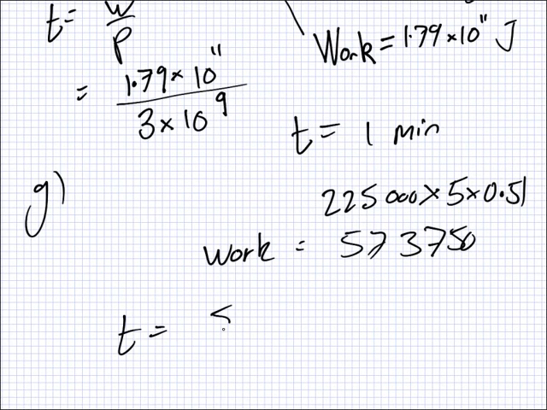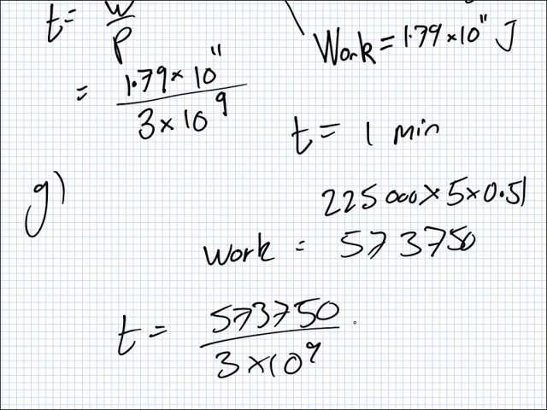Time equals work over power. Zero point zero 191. So that's about 0.02.